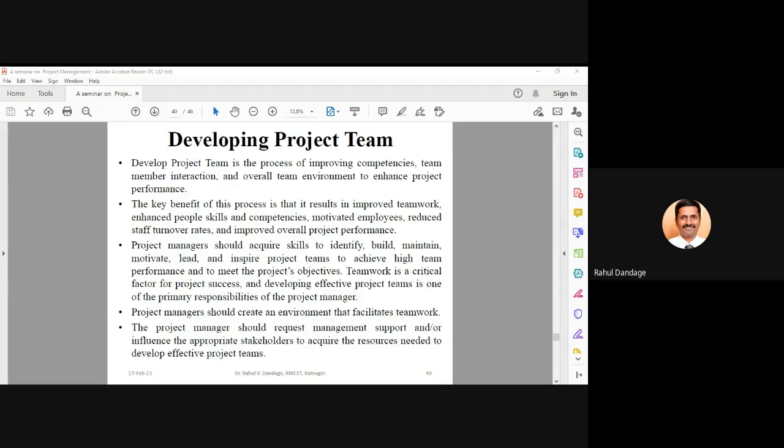That is essential. And inspiring project team to meet the project objectives. So project manager has a huge responsibility to carry out this variety of tasks which will be required for developing the project team. So teamwork is a critical factor for project success, and developing effective project teams is one of the primary responsibilities of project manager.